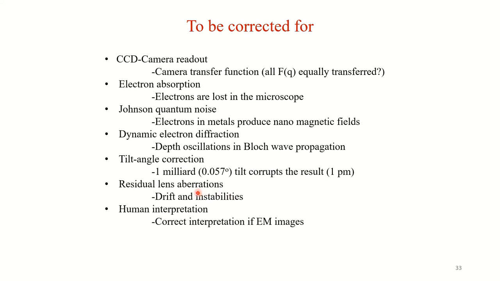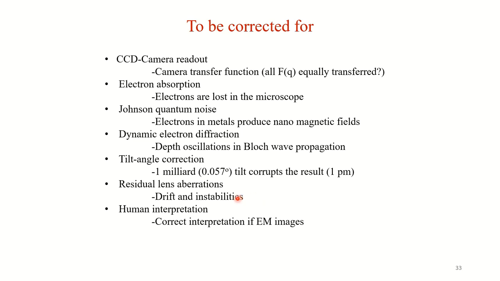And again, you have residual lens aberrations, like electrical instabilities. Again, you have the shape of your aberration correctors or the lenses. They cannot be manufactured perfectly. And then at the end, you have human interpretation.